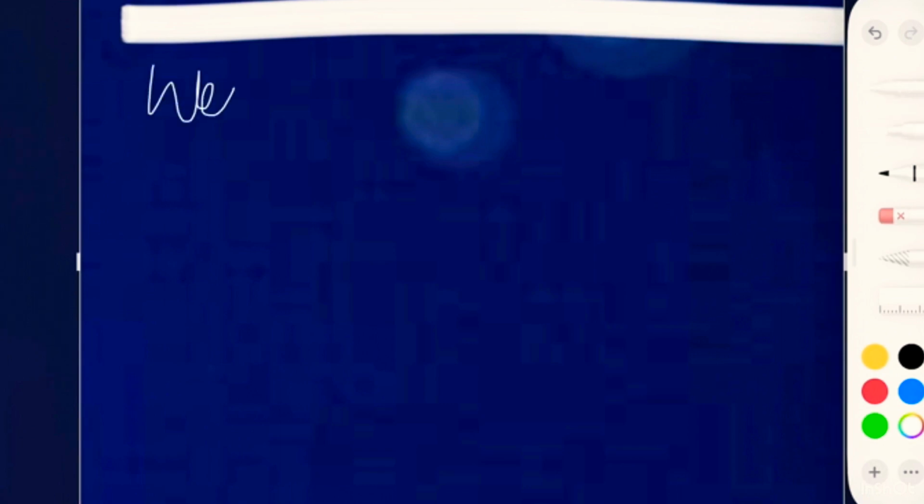What is weight? That's an easy question. Maybe you think it's like mass, but no, it is the gravitational attraction of the earth.